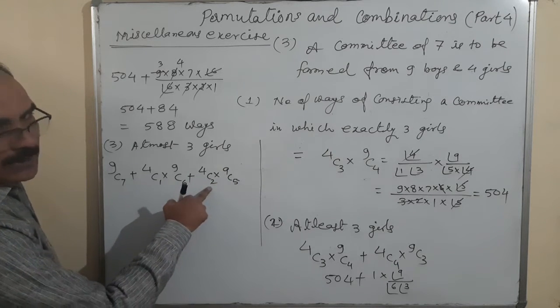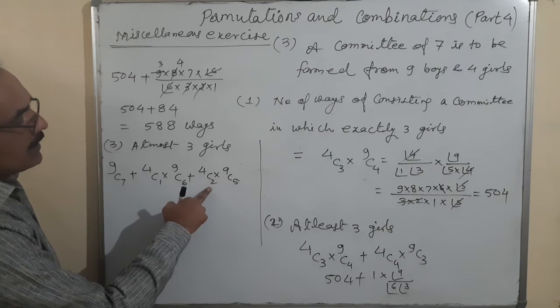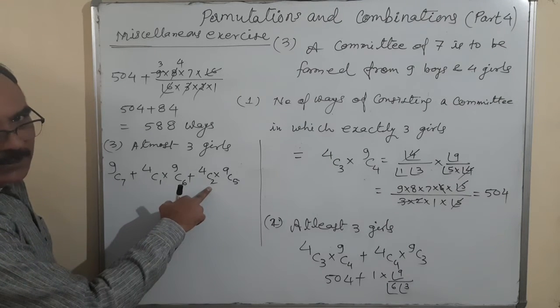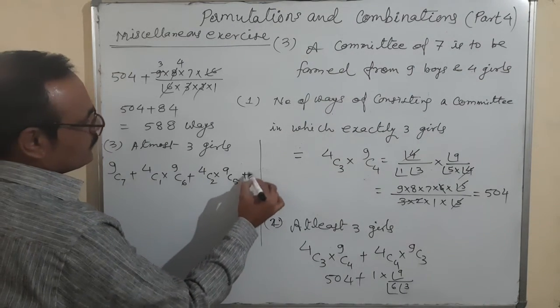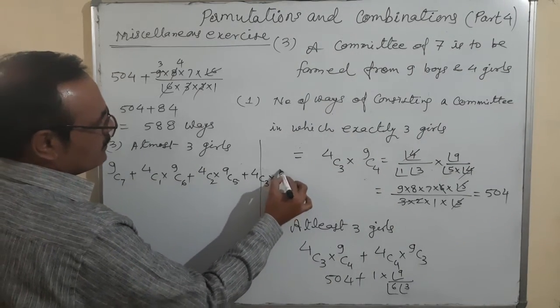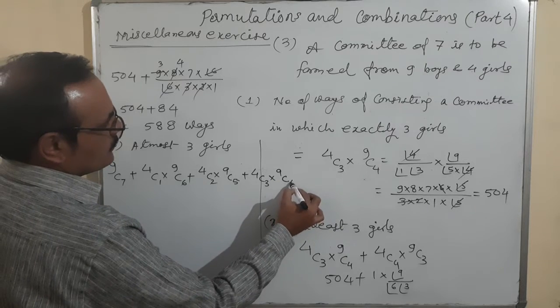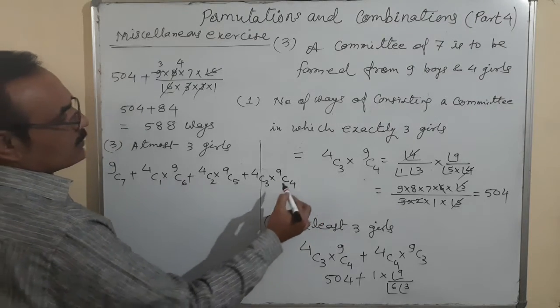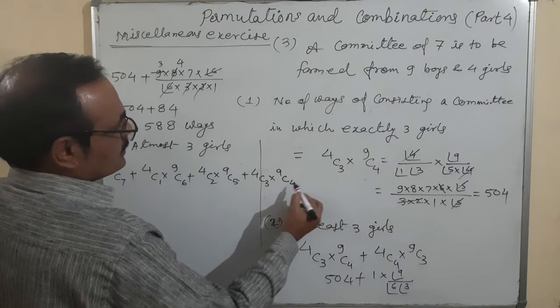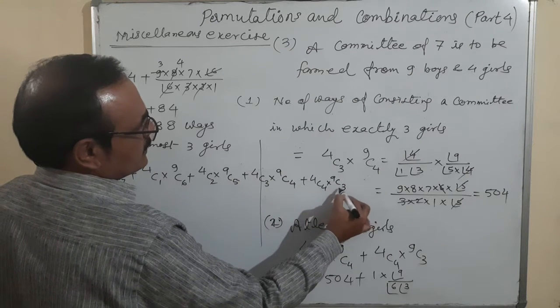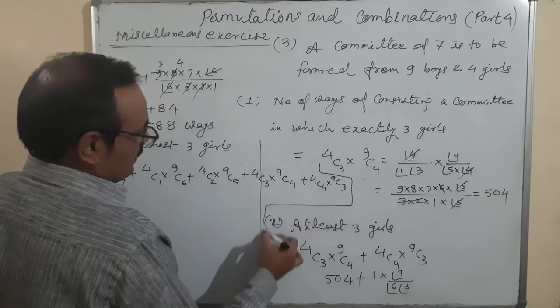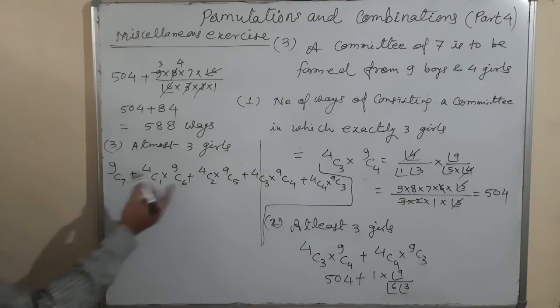If two girls are selected in a committee of 7, then how many boys will be needed here? 5. Plus 4C3 multiplied by 9C4, and one more because there are a maximum of 4 girls. So plus 4C4 multiplied by 9C3. Okay, so that is the condition.